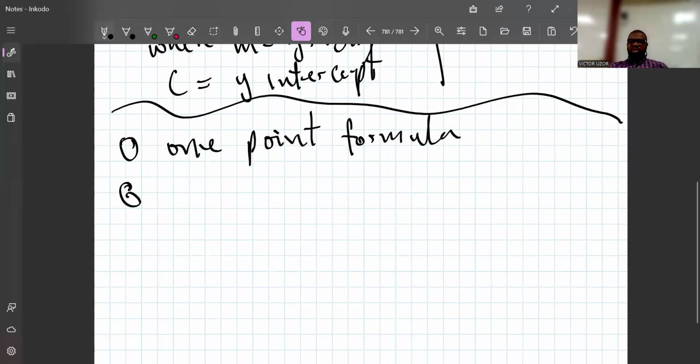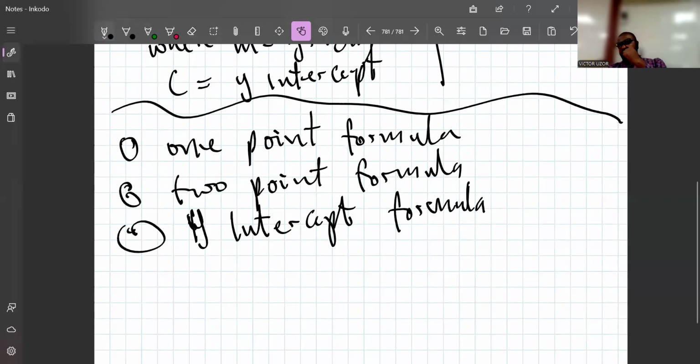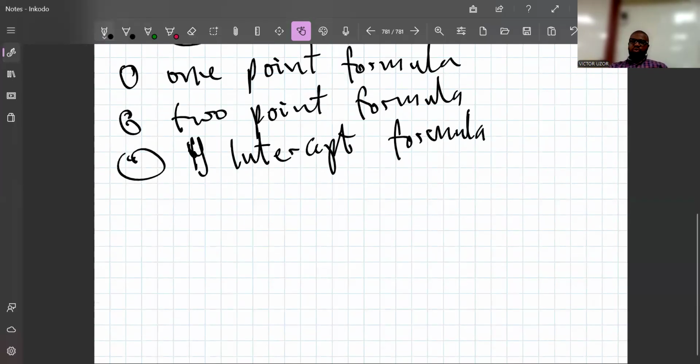The second one is the two point formula. And the third one is the y-intercept formula. So I can use any of these to be able to solve it.